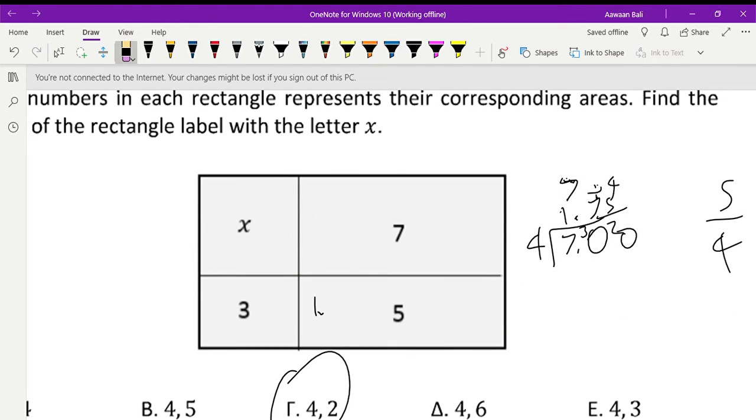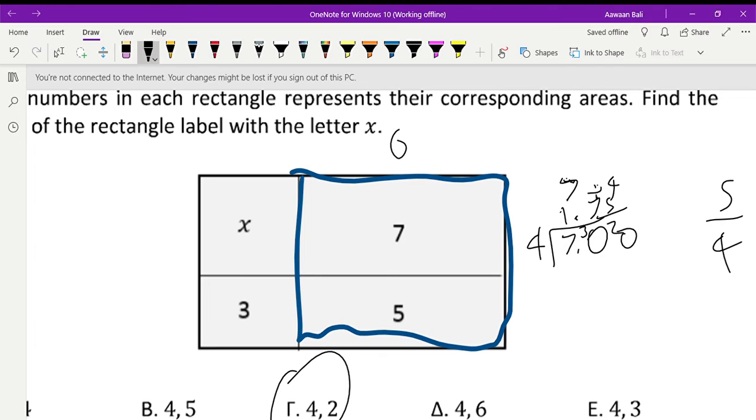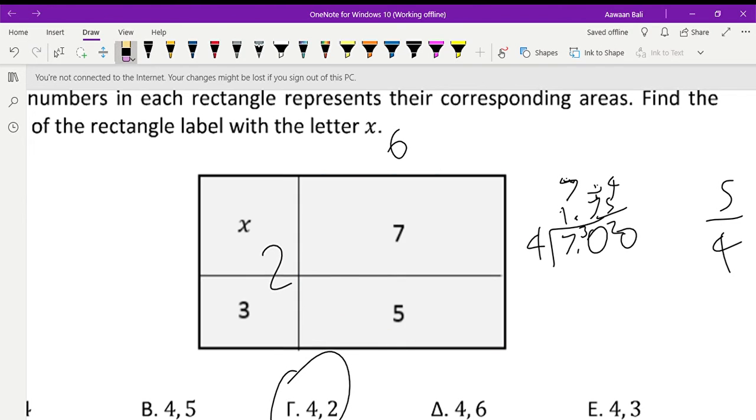Okay, now we're going with another way. Okay, so we have this rectangle. We say 6, 2. Because actually, it doesn't exactly have to obey the rules, if you know what I mean. So. No. I am thinking something else.